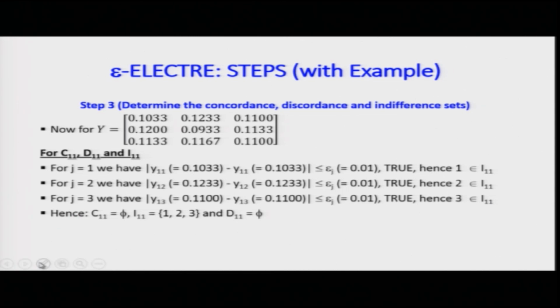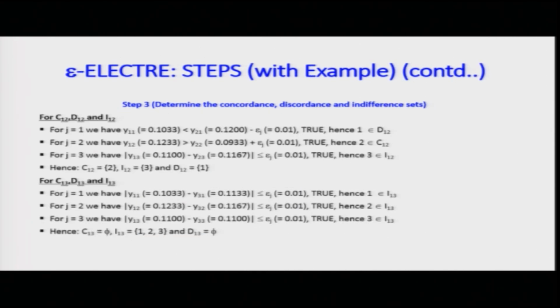So, once we have this, I will just highlight: C11 is a null set, D11 is a null set, and indifference is 1 to 3. Initially in the epsilon method, these 1 to 3 would have gone into the C set. Now consider C12, D12 and I12, and then C13, D13 and I13.